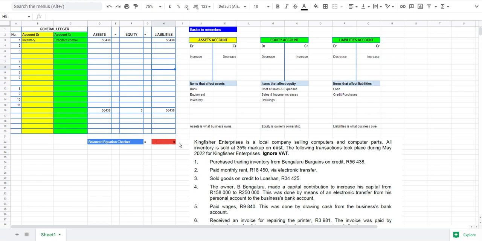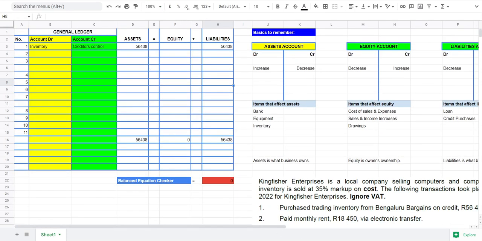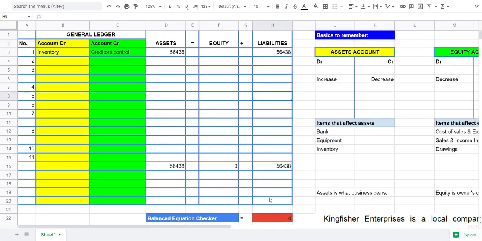If you look at our balanced equation checker there, it is still equal to 0. So it means whatever we are doing is perfectly fine.